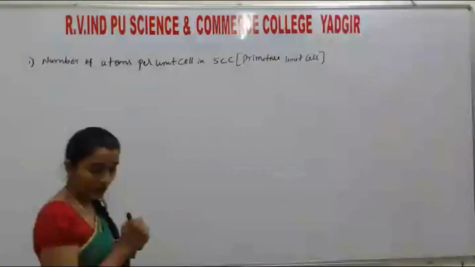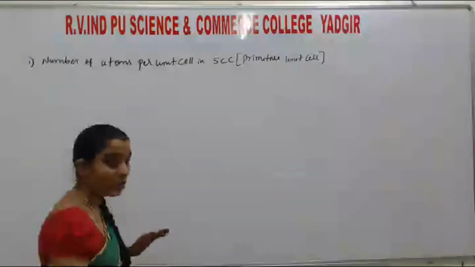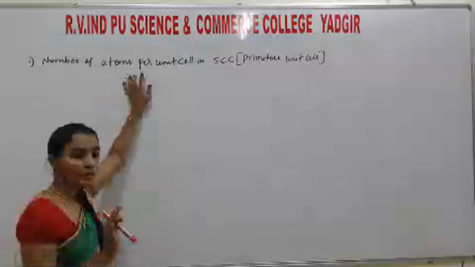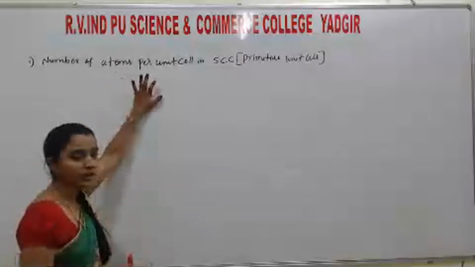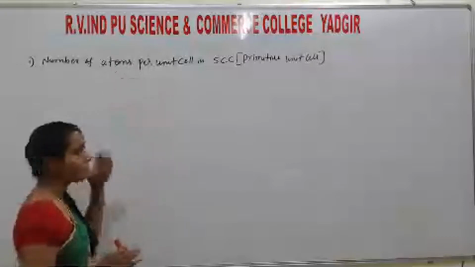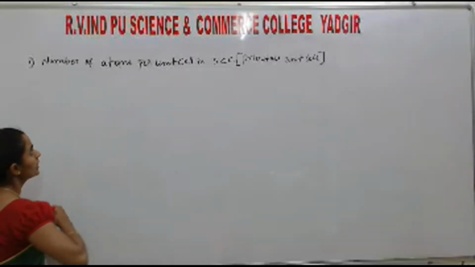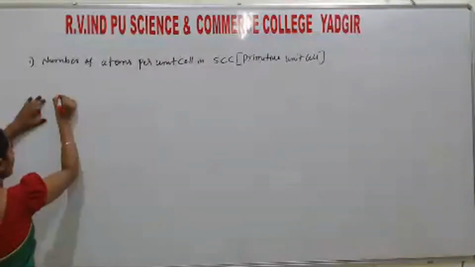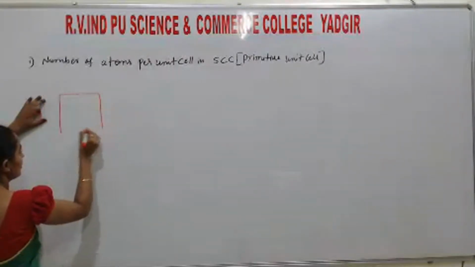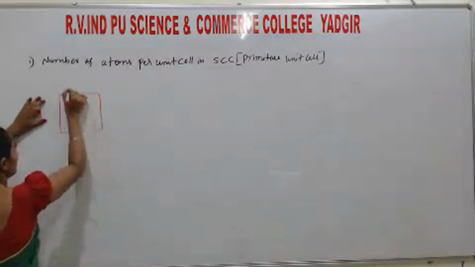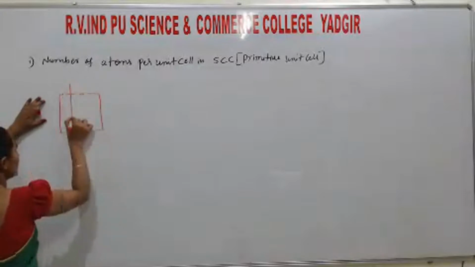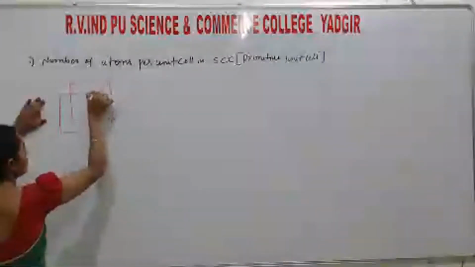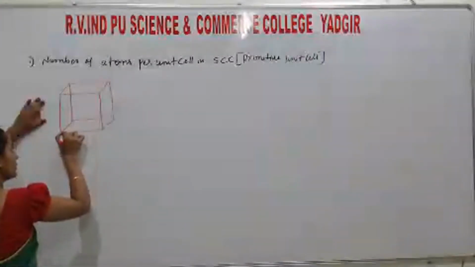Okay. So first I will draw the diagram, students. There is no need to draw the diagram to calculate the number of atoms per unit cell. But for your understanding, I will draw the diagram. But in the examination, you need to draw it. Okay. So here, this is the 1 unit cell.